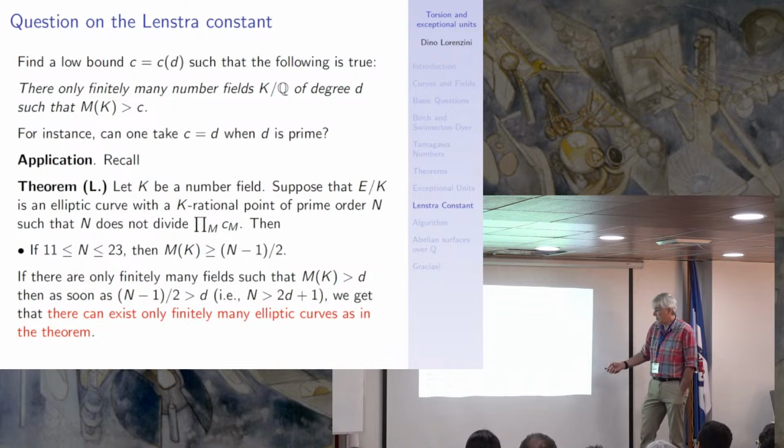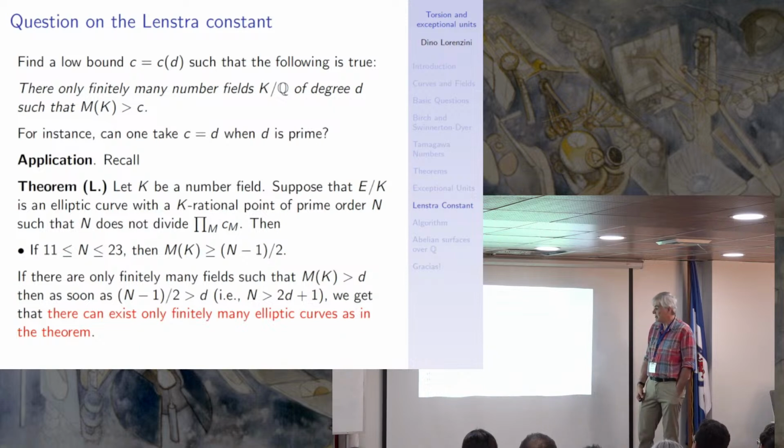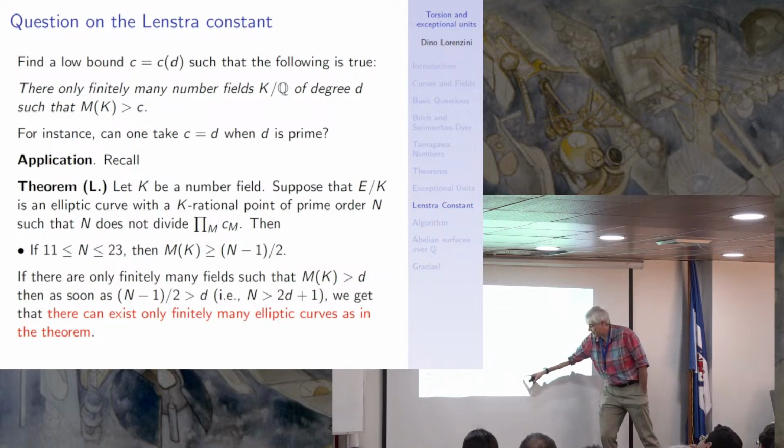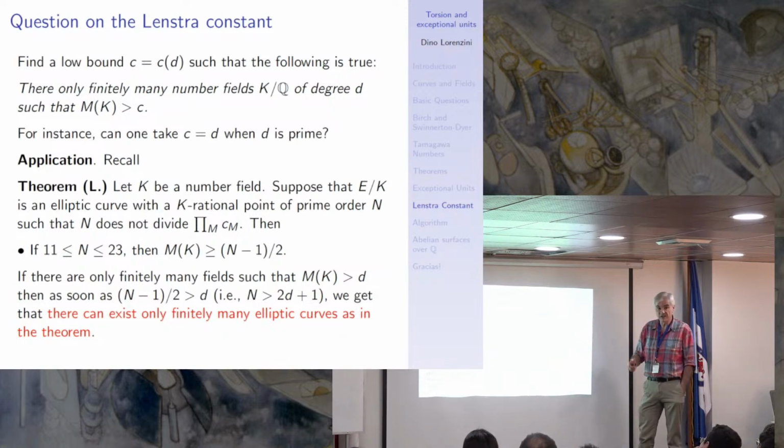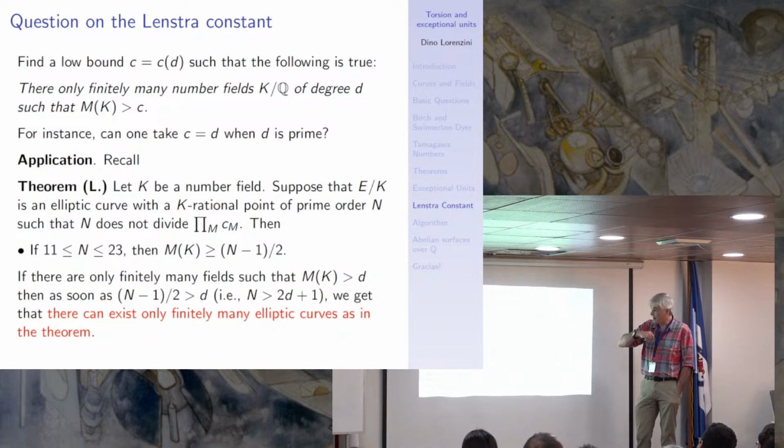And if I know that there are only finitely many fields with a Lenstra constant at least d, then I put these two things together, and that gives me n bigger than 2d plus 1. Right? So that's what I had in my hoped for theorem, right? But somehow the finiteness of the number of fields that have a high Lenstra constant implies the finiteness of elliptic curves that don't have a cancellation.